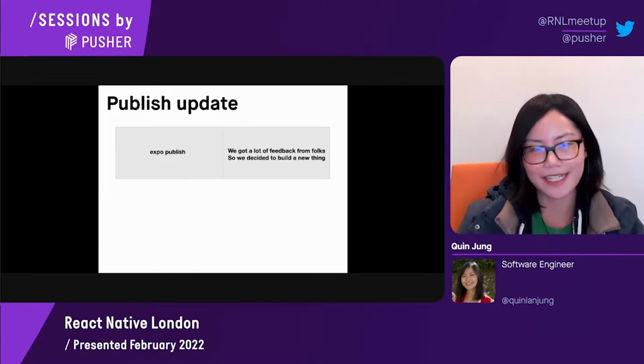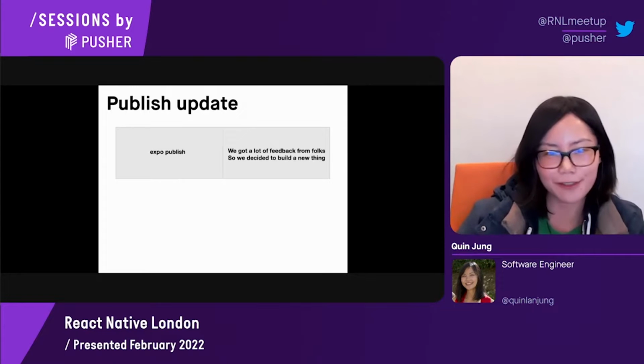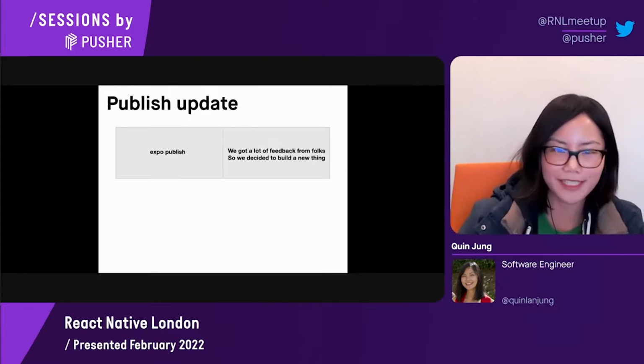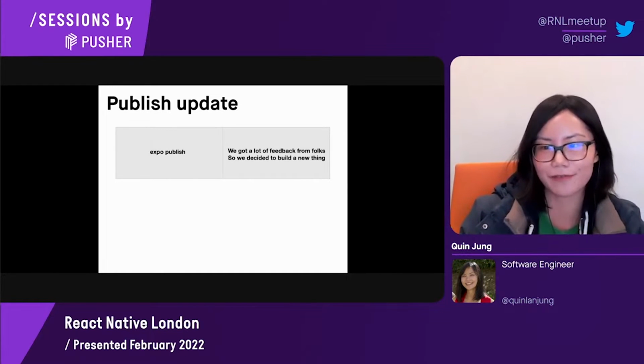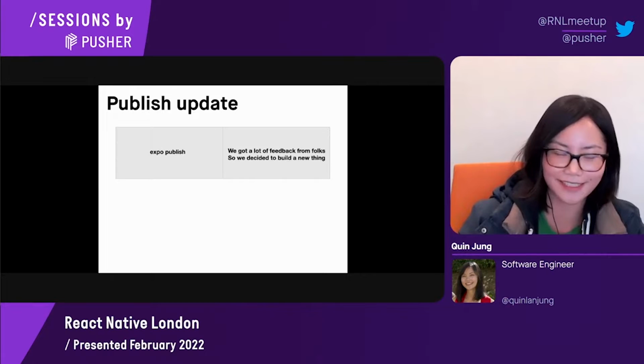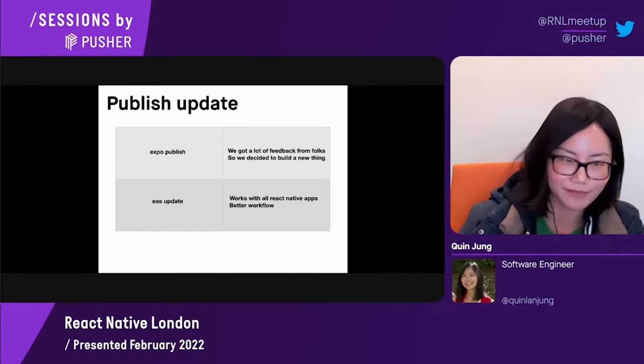And over the years at Expo, we've developed tools to help people do that. Several years ago, we released something called Expo Publish, which allows you to deliver updates to your users really fast. And we got a lot of feedback from folks saying what they liked about it and what they didn't like about it. So we decided to take that feedback and build an entirely new thing.